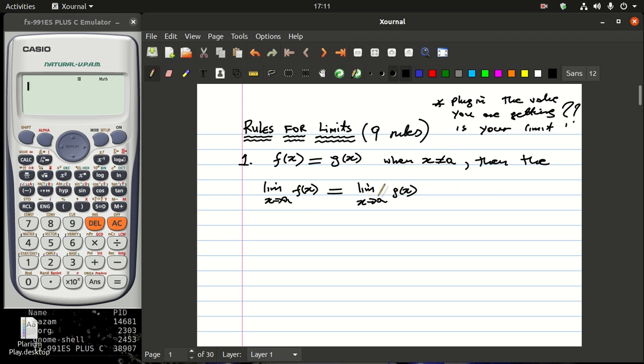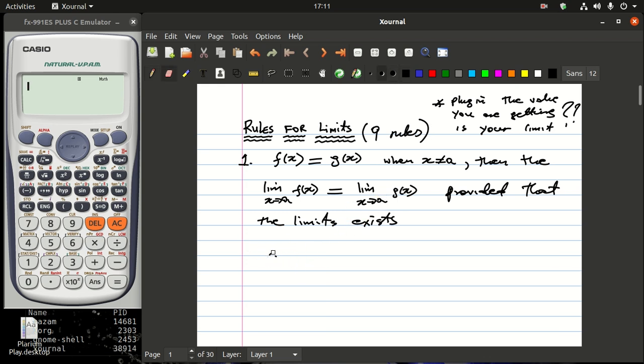But this is only going to happen provided that the limits exist. What I mean is that this limit exists and also that limit exists.